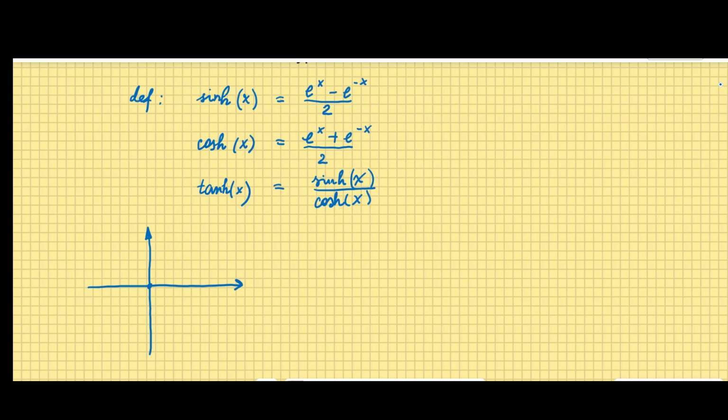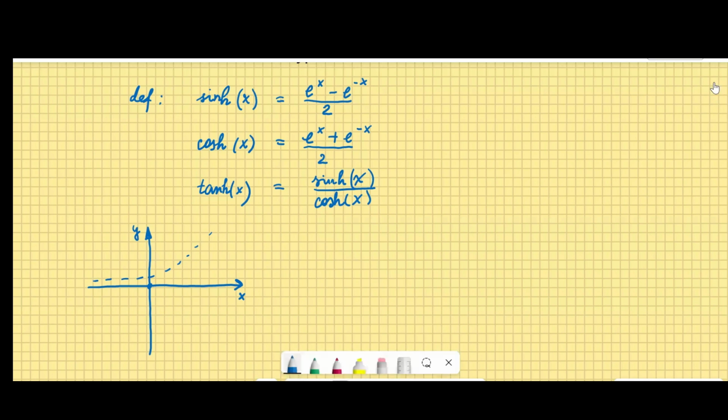We just need to divide over 2. Because I don't have any good scale on my graph, I'm just going to graph in dashed line e to the power of x over 2, like this, and then start bringing my graph close to it.